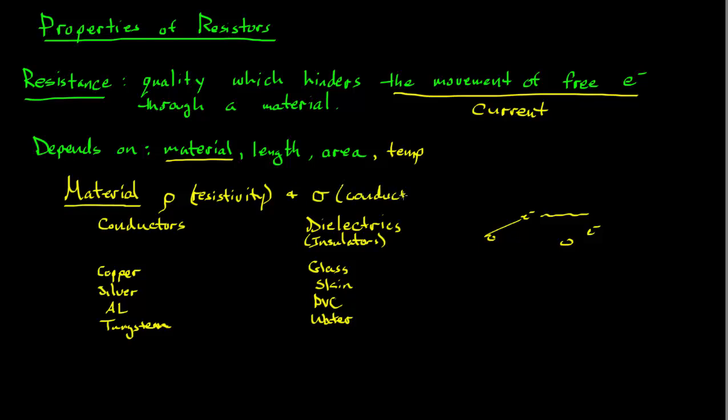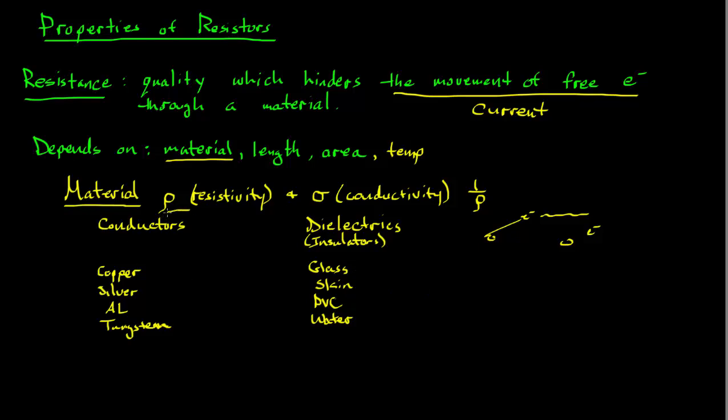How well does it conduct? So conductivity is actually just 1 over rho. It's the opposite of it. And that makes sense. This is how much it resists, this is how much it conducts. So you would expect low resistivity, high conductivity, and opposite over here. High resistivity, low conductivity.